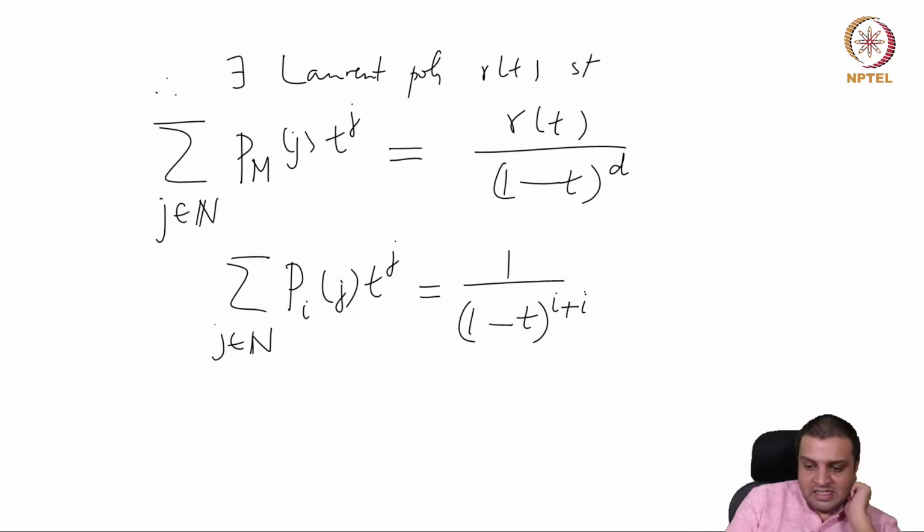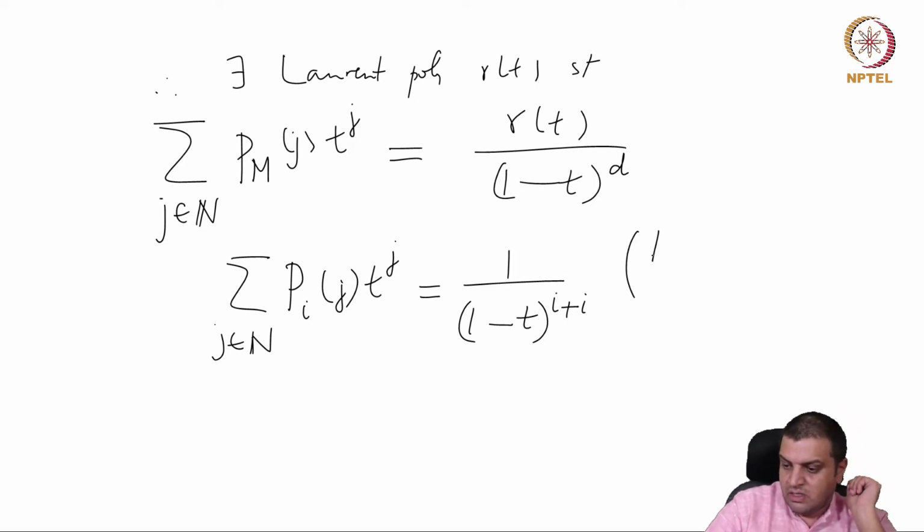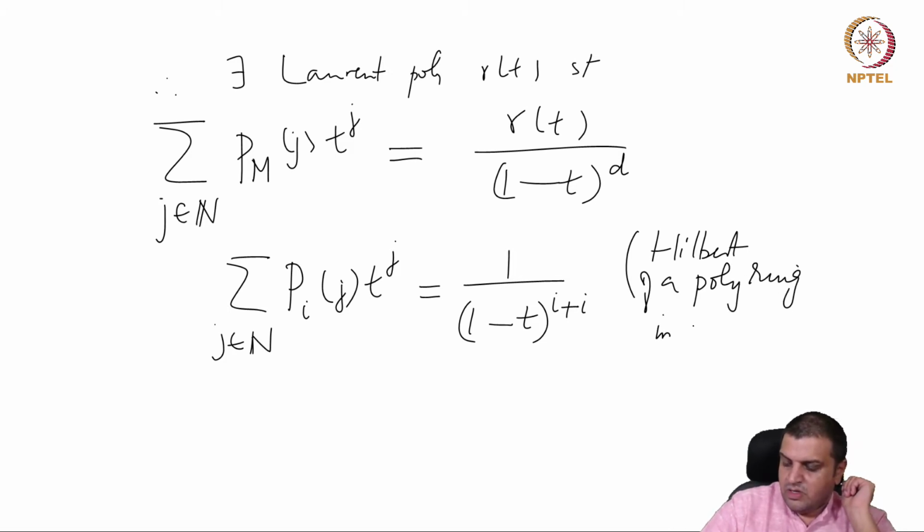In fact, we earlier observed that P_i is the Hilbert series of a polynomial ring in i plus 1 variables, and this is exactly the Hilbert series of that polynomial ring. One can check this directly. So this is a Hilbert series of a polynomial ring in i plus 1 variables.